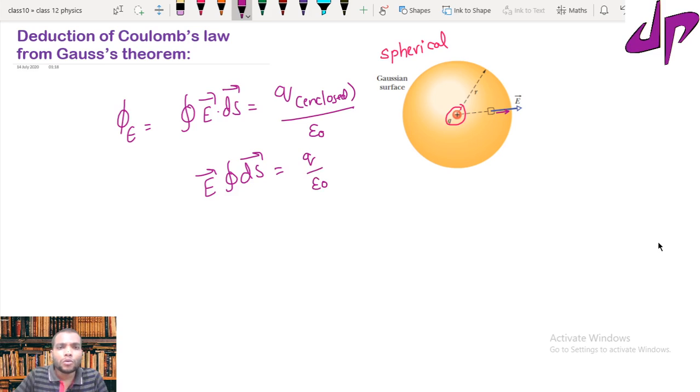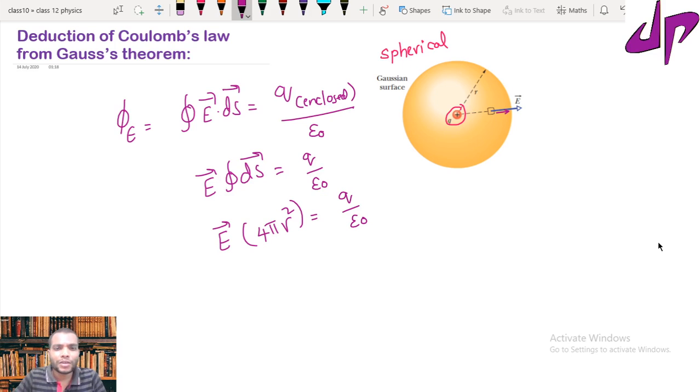Now here we need to know what the Gaussian surface is. The surface is a spherical Gaussian surface, so I can get the surface area of the Gaussian sphere as 4 pi r square, where r is the radius of the Gaussian surface, which equals q by epsilon naught.